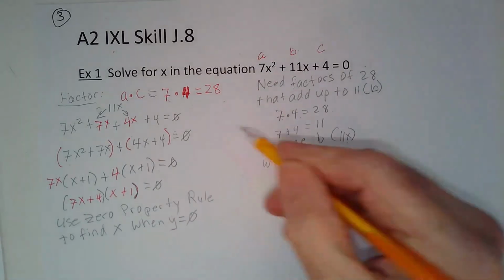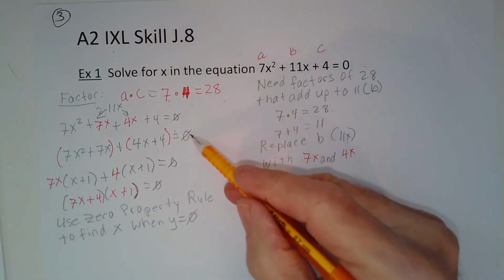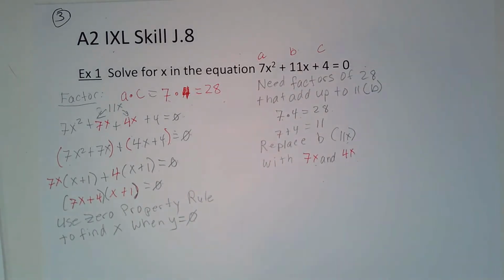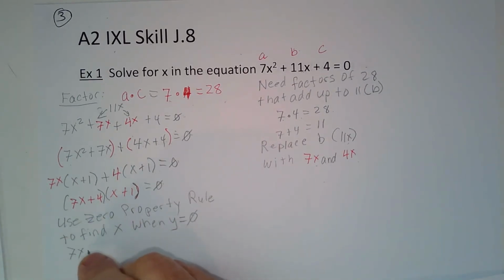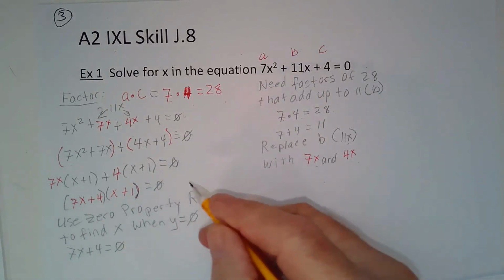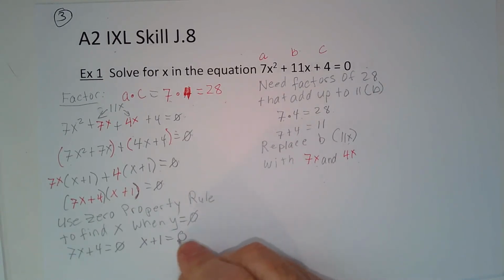And it's always assumed, even though you don't see a y in any of this, that this 0 that you see all along here is really your y. Okay? All right, so using the zero property rule, we're going to take 7x plus 4, and we're going to make that equal to 0. And we're going to take x plus 1, and we're going to make that equal to 0.